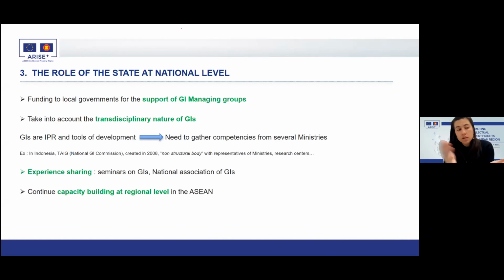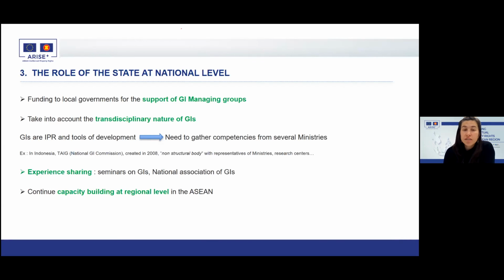For example, it's a good example in Indonesia. They created in 2008 the TAIG, which is the National GI Commission. It was so original. It's a non-structural body with representatives from ministries, research centers, even academics. So it's a very interesting example of gathering competencies. Also important is experience sharing.